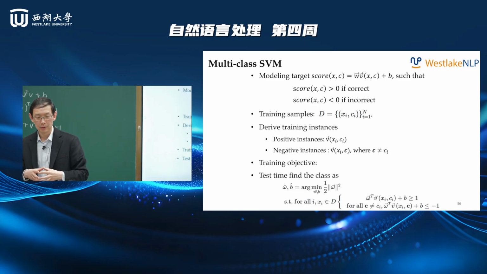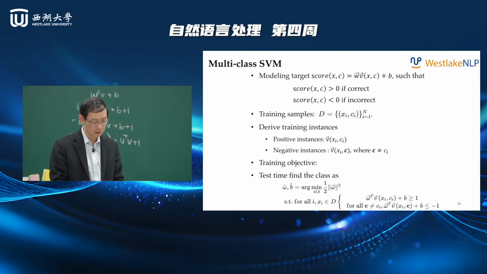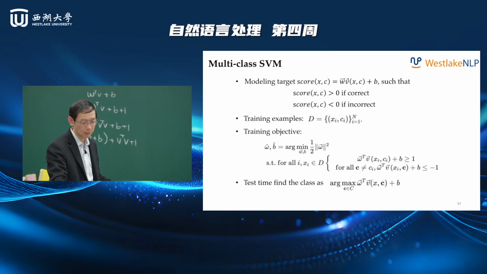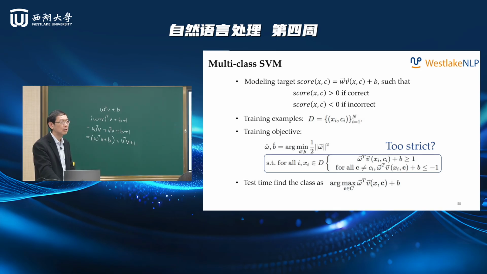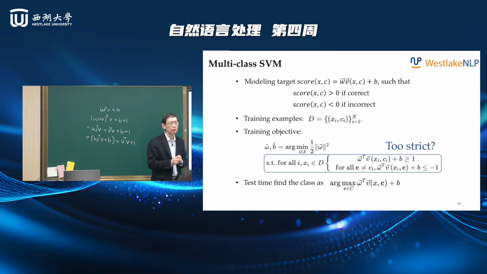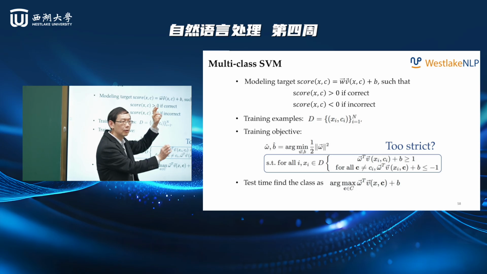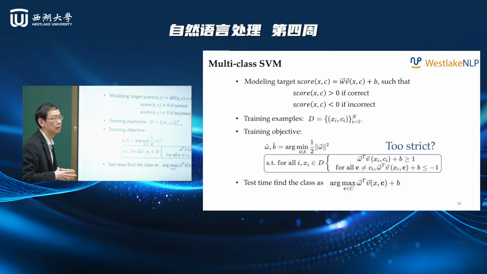So if this is true, when we train the model, do we still need to make sure that all correct examples are above the hyperplane and all incorrect samples are below the hyperplane? Isn't this too strict? Can't we just simplify the training objective accordingly, to say, as long as my correct training samples are scored at least 1 above my incorrect samples, then I'm satisfied?